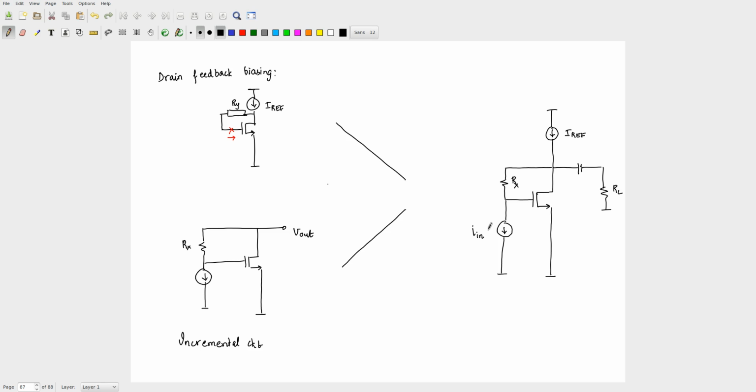So when you are making the incremental circuit, what will happen? This would be VDD, right? So when you are making the incremental circuit, Iref will disappear, correct? Capacitor will become short, and all of these things will remain as it is. It will give you what you want, right? So that is your full circuit.